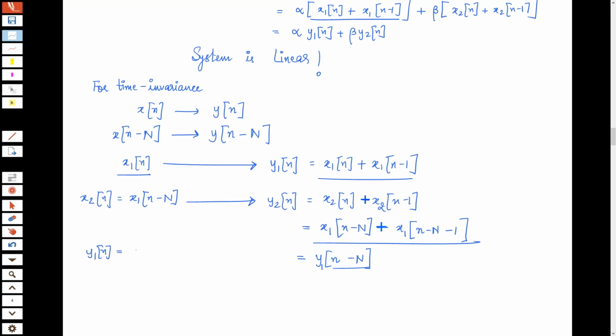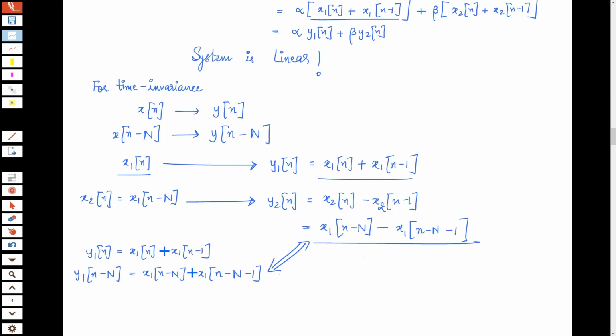Because y1[n] is this. If I had asked you to find y1[n-N], what would you have written? x1[n-N] plus x1[n-N-1], which is the same as this. This shows us that the system is also time invariant.